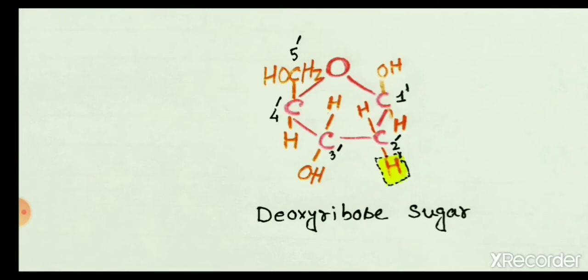So notice that at the 2' position an oxygen atom is missing. That is why it is called deoxyribose sugar. And we use the prime numbers to distinguish them from the nitrogen containing bases also.